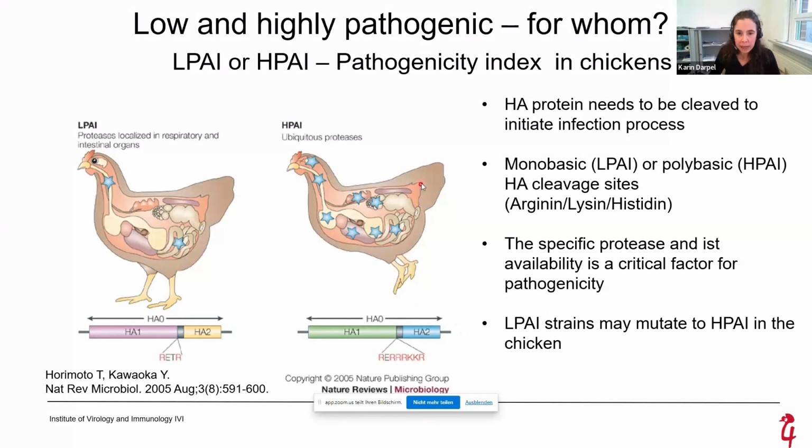For highly pathogenic avian influenza, this polybasic cleavage site can be cleaved by ubiquitous proteases, which are present throughout the entire body, and therefore a systemic disease can be initiated. And low pathogenic avian influenza strains within chickens can actually also mutate to become highly pathogenic avian influenza strains.